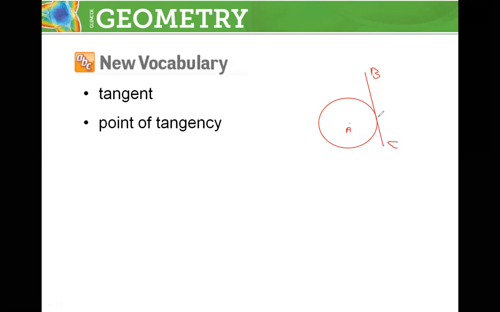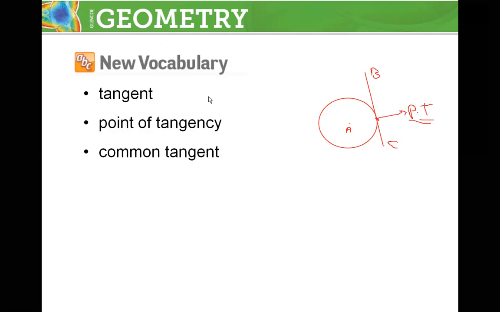So the point of intersection of the curve, or the circle, and the line is called the point of tangency. So the point of tangency is the point of intersection of the tangent and the circle.